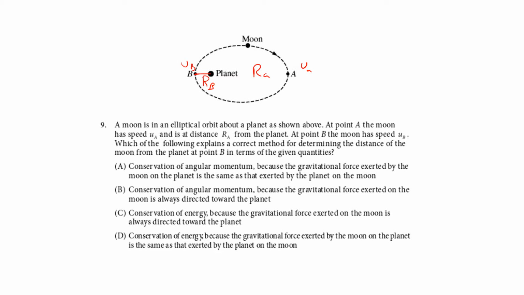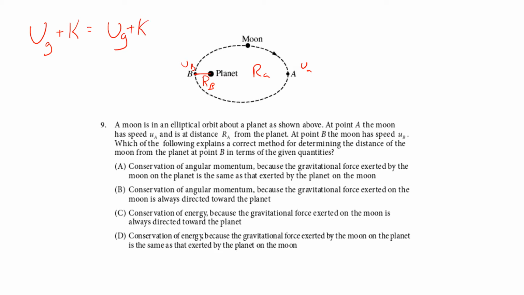What we're going to use is conservation of energy, because what we do know is each one of these positions has a particular potential energy, which is going to be the big U, G, plus the kinetic energy is going to equal the other spot here.